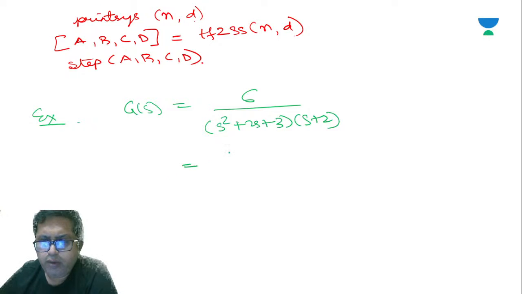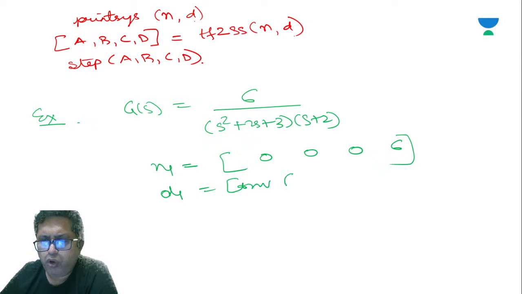So N1 is s cube, s square, s, and 6. This is N1. D1 is equal to convolution of 1 2 3, comma 1 2, comma 1 2.